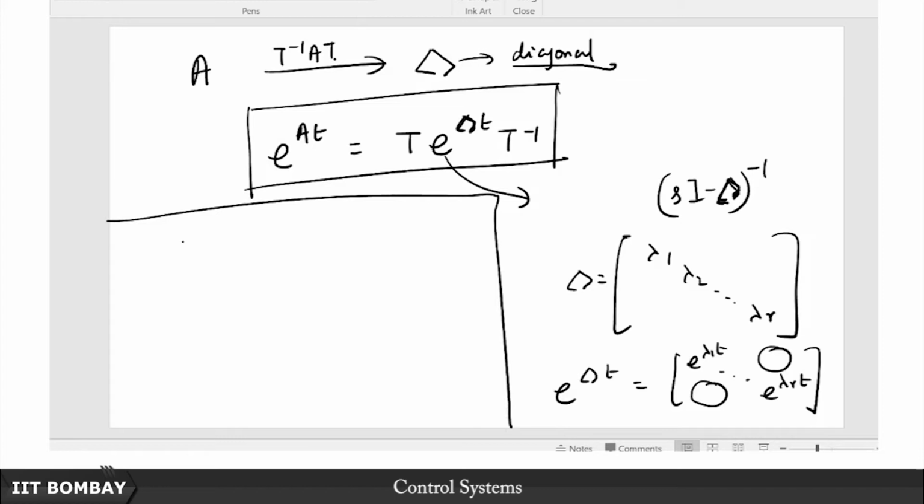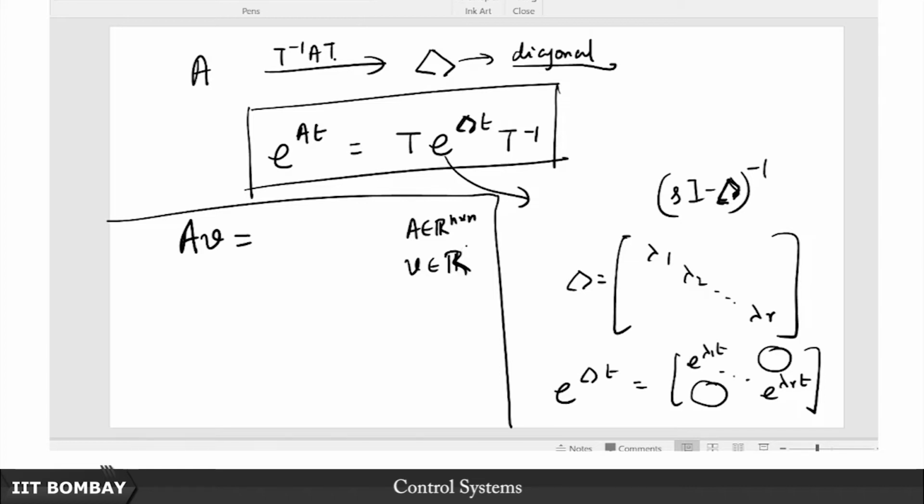We for example have this matrix A. If you have a matrix A which is, say, n cross n, of course we are taking only real matrices here because this is not a linear algebra course per se, so we will only confine ourselves to the real field.